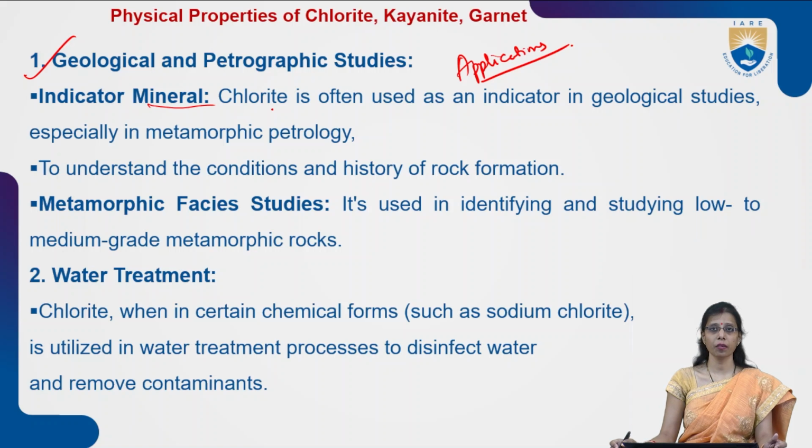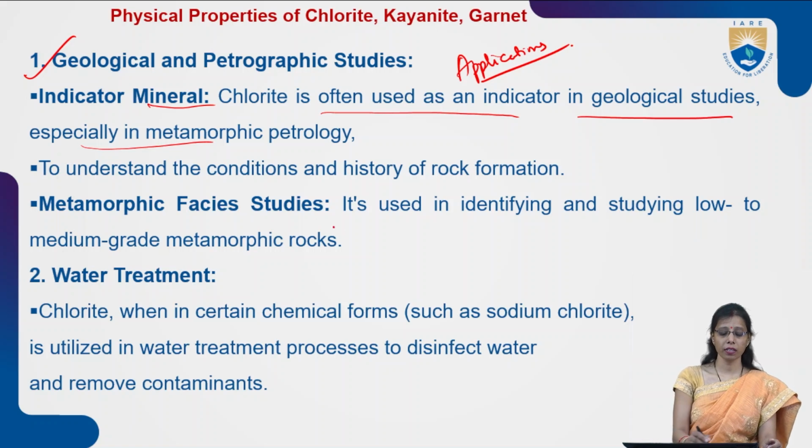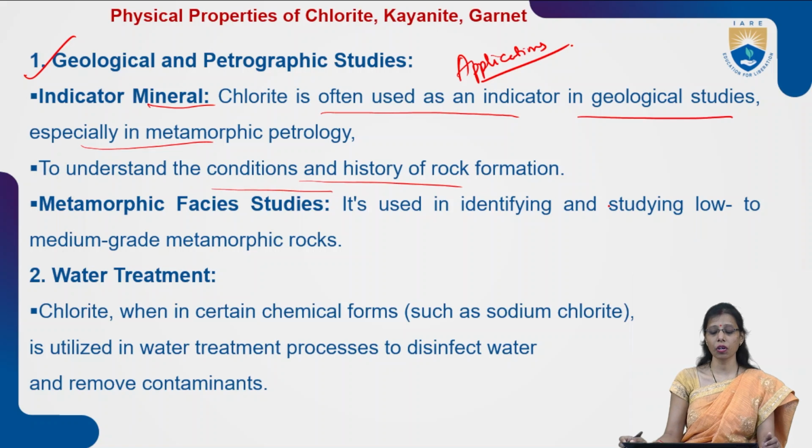Chlorite is often used as an indicator in geological studies, especially in metamorphic petrology. What is petrology? Petrology is the study of rocks. As this mineral is found in metamorphic rock, it is used as an indicator to identify metamorphic rocks, and to understand the conditions and the history of rock formation.